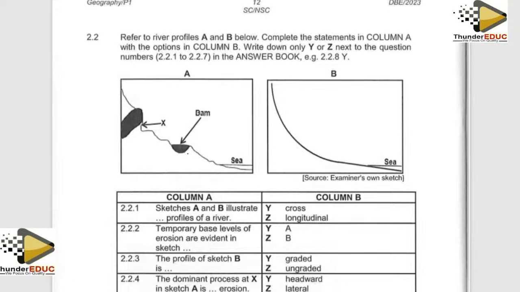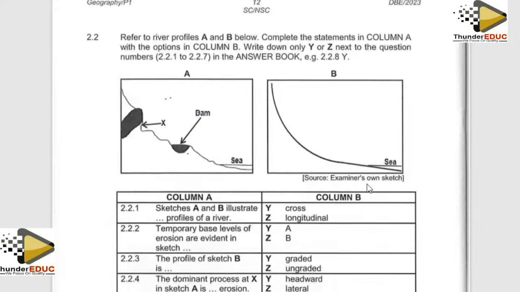So there can be a waterfall here. So that means this is temporary base level and this is concave, which can come to a permanent base level. So if it looks like this, that means there's a balance between erosion and deposition. So there is a C here, there is permanent base level of erosion.